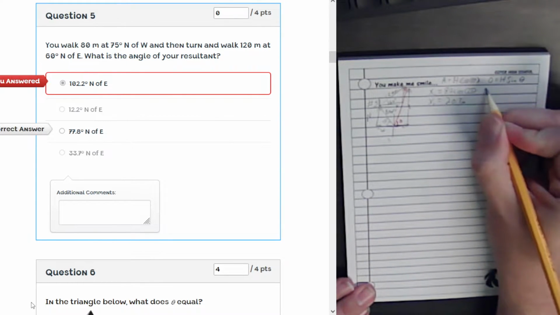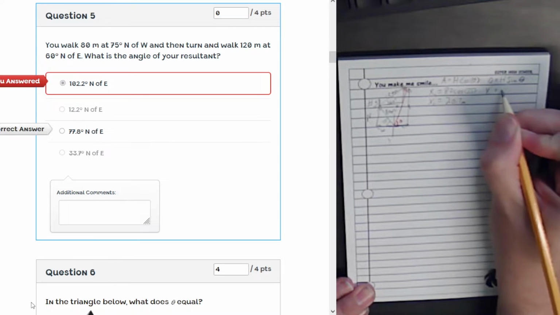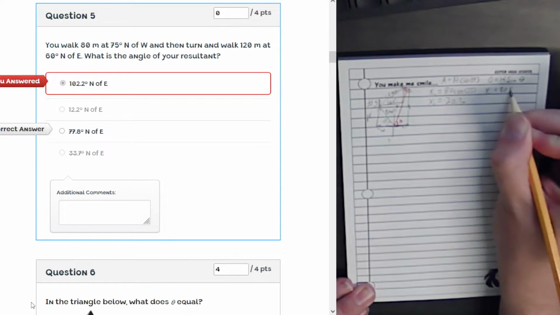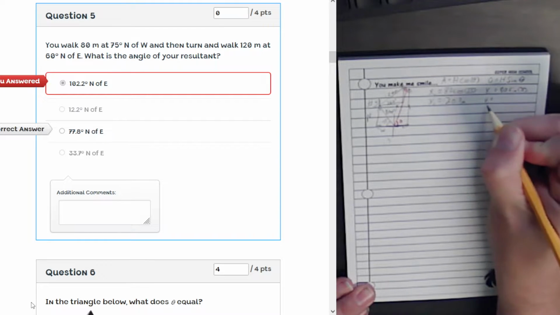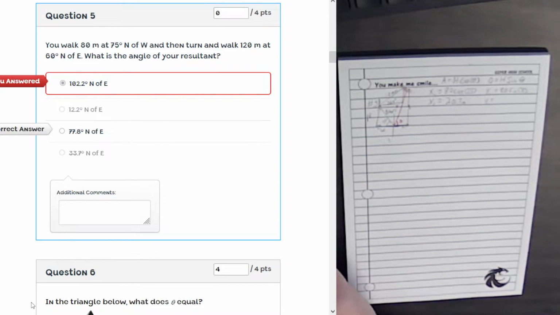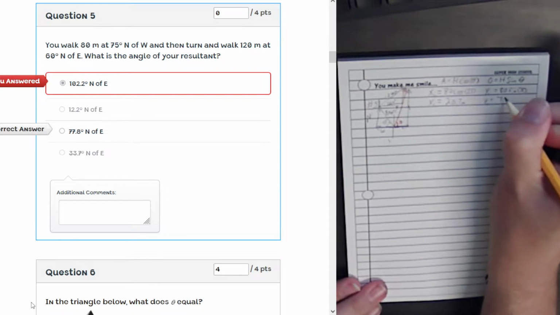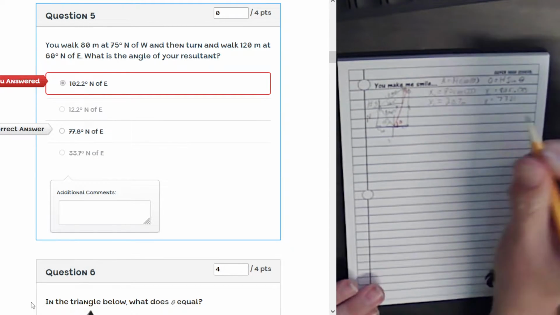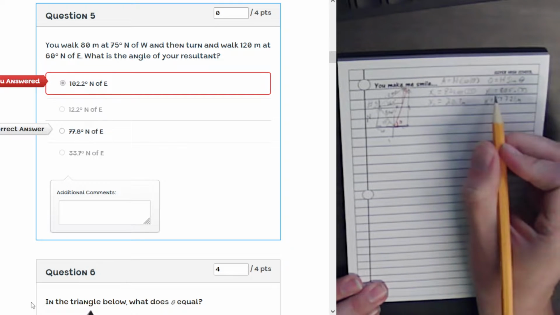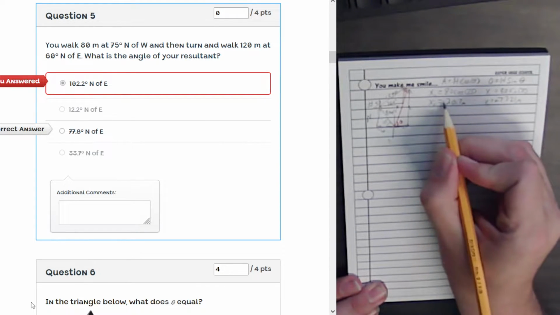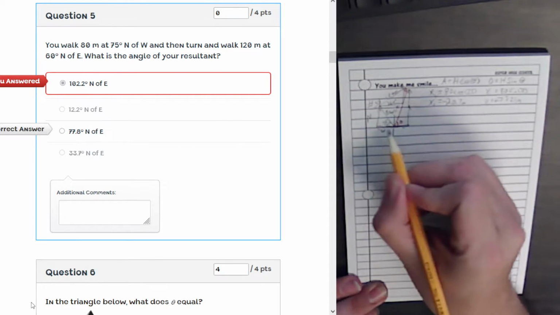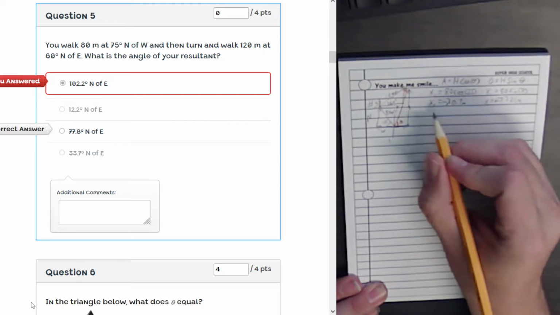And then we can find the y component of the first vector. This again would be 80 sine of 75, and I get 77.21. Now, this one is going north, so if we call north positive, this should be positive. This is going west, and usually we call east positive, so I'm going to put a negative on this, which means it's going back this way.